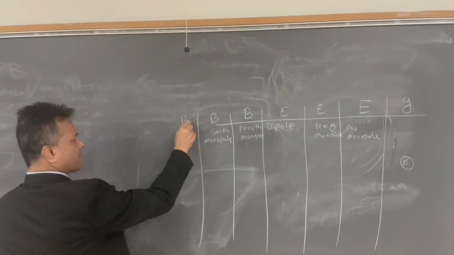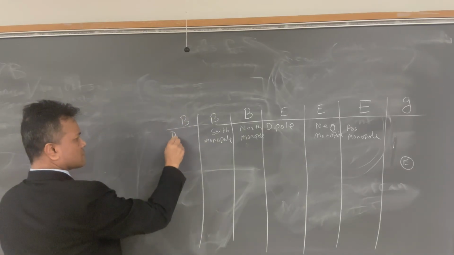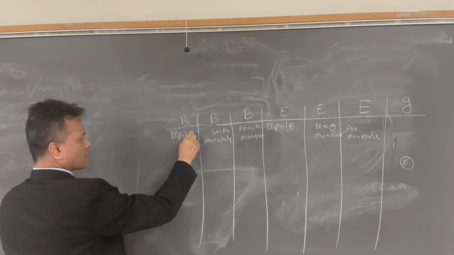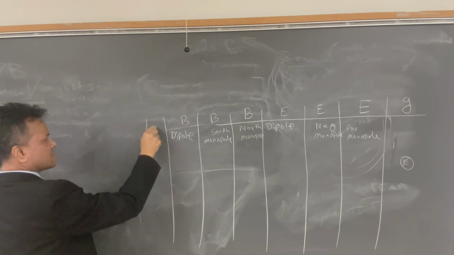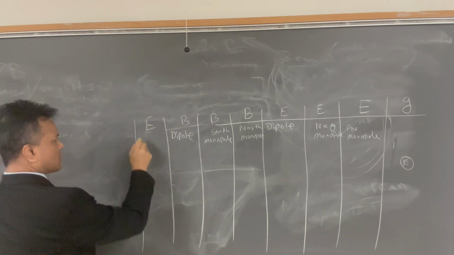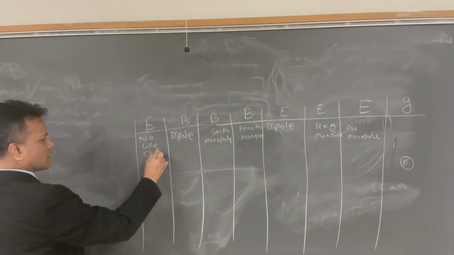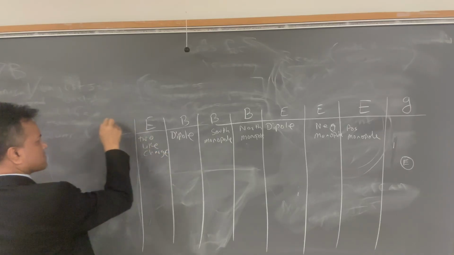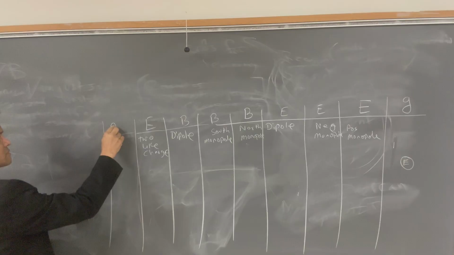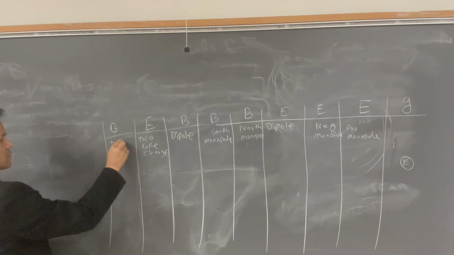Magnetic field on a dipole. Electric field on two like charges. Magnetic field on two like poles.